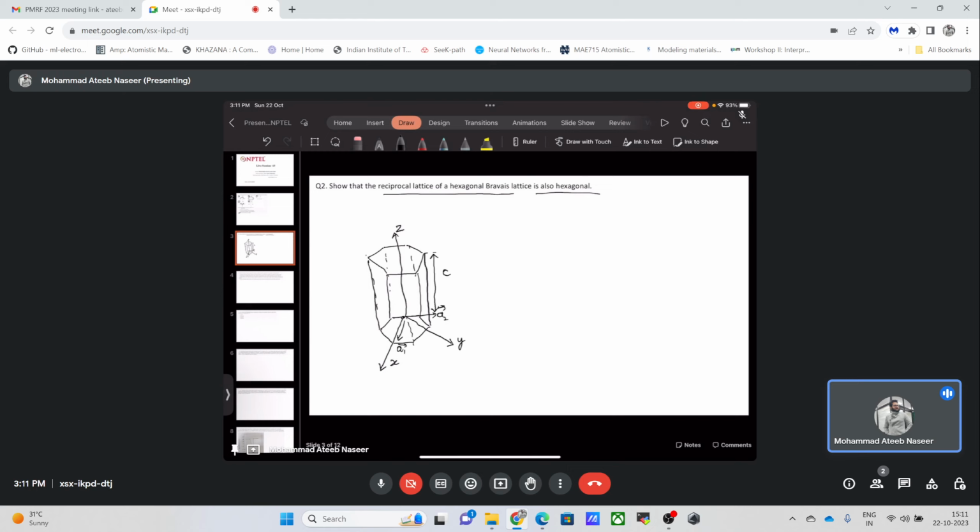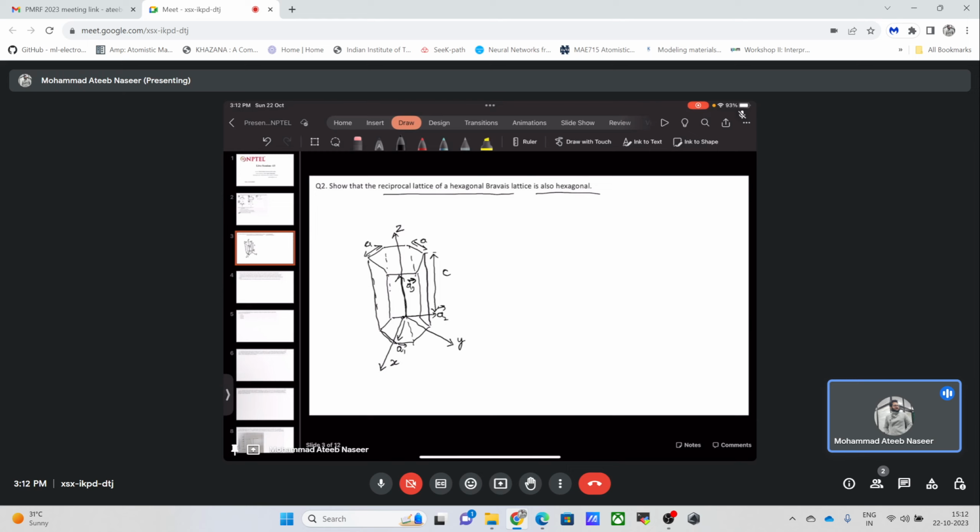Let's denote the side of this hexagonal system by a, so each side is equal to a. The height and the side we have found, and the vector a3 will be in the z direction. So we have this lattice vector representation for this hexagonal system.